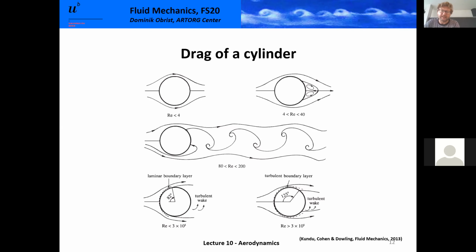At 82 degrees, the boundary layer is separating from the surface of the cylinder, and we have a huge wake, which is turbulent. So this is a classical case where probably 90% or maybe more of the drag comes from the pressure drag, and only relatively little drag comes from the friction in the laminar boundary layer.